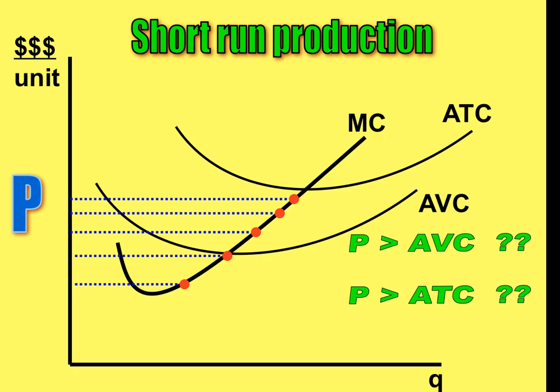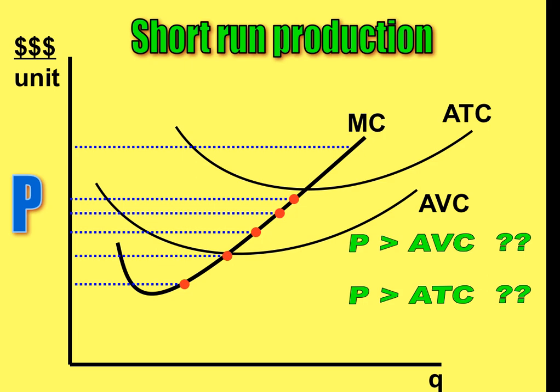They would definitely be making losses, but if they produced here, they would be making more losses than if they shut down. So they should shut down. Apply the shutdown rule here. Is the price greater than the average variable cost? Well, no, it's not. The price is less than the average variable cost. And then you would apply the shutdown rule. So the firm would shut down at this point. They would not produce at that bottom red dot.